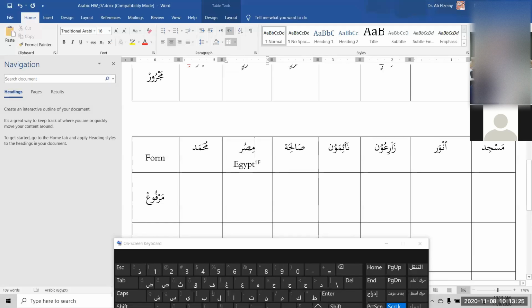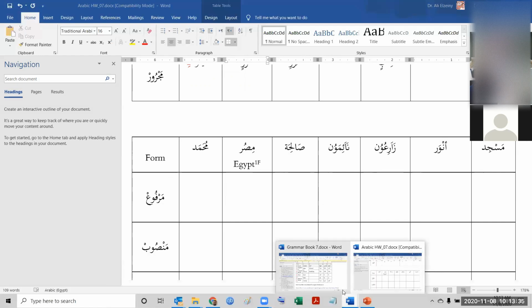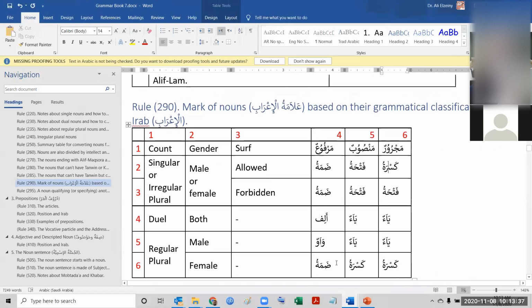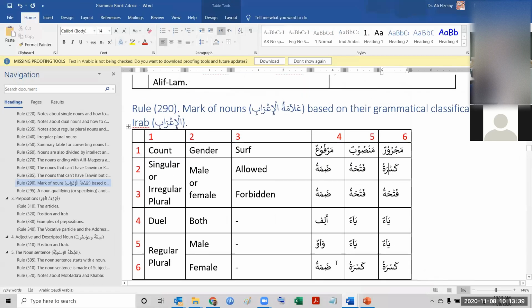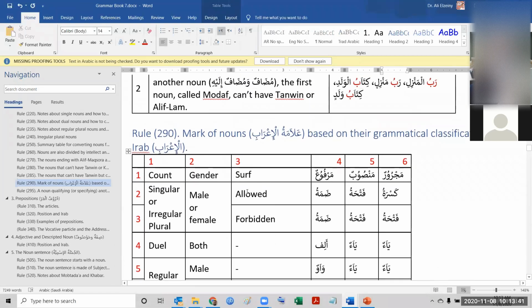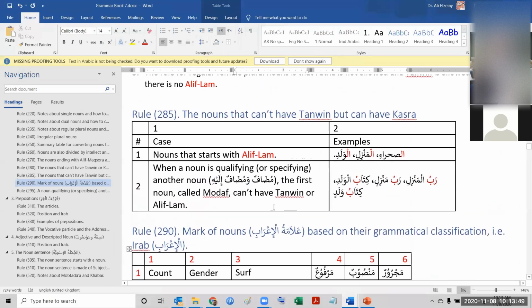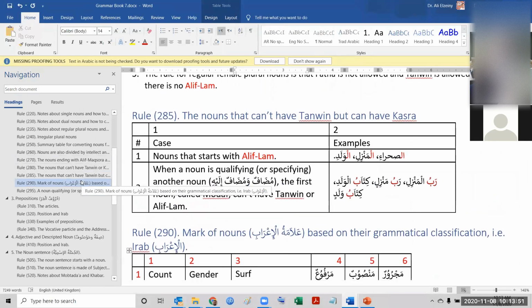However, let's see if sarf is allowed or not allowed. So we go back to the book of rules. It's a singular noun. In order for us to determine which row to consider, we go back to the rules of sarf.